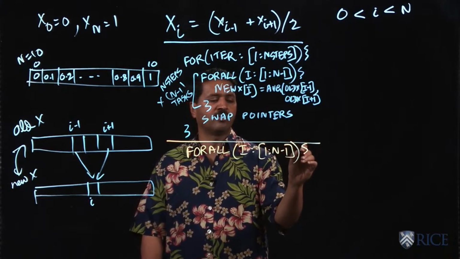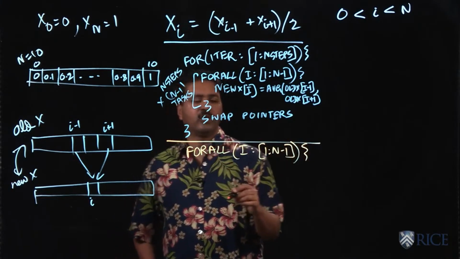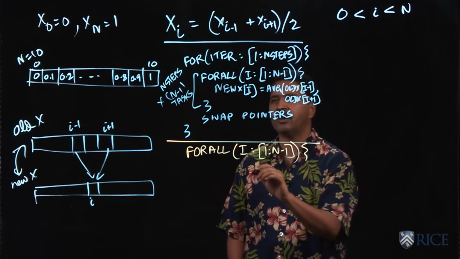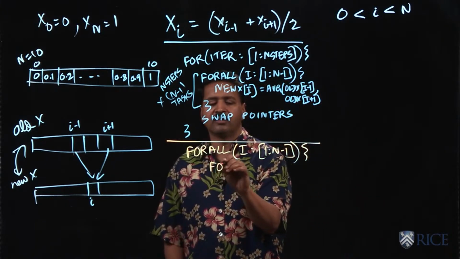You have the forall loop outside, and then within each iteration of the forall, within each parallel task i, you do the sequential loop.